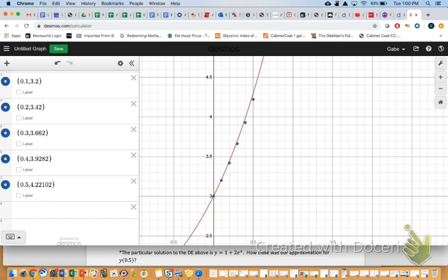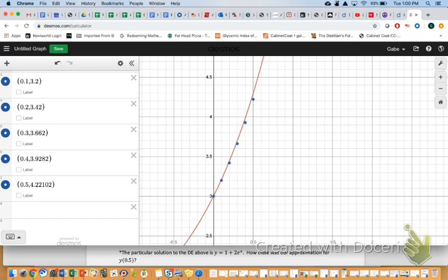The first point is right on the money because we knew that was the initial condition. That is actually a point on the curve for sure. But every other point from there on out is going to be slightly underneath, right? That's because the slope of the red graph is positive, but increasing as well. Because the slope of the red graph is increasing, those blue points based on lines are always going to fall a little bit below. So our approximation would be a little bit underneath the actual value of the red curve.